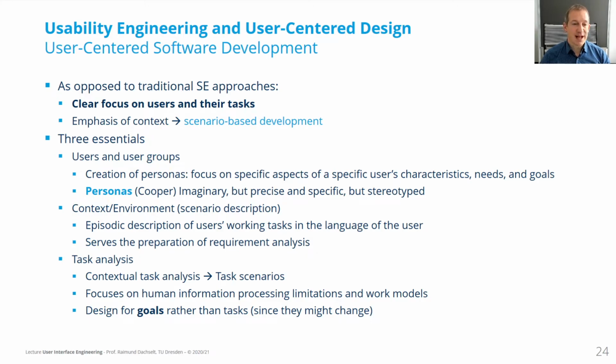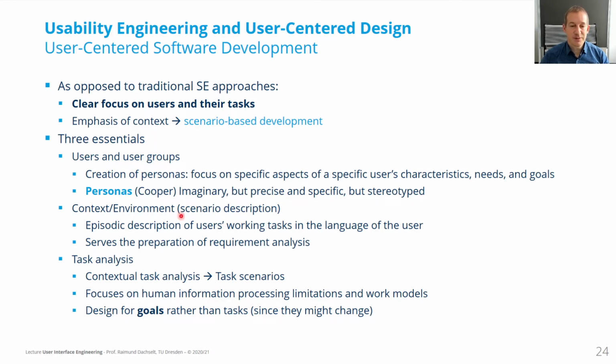So users can, for example, be described with the help of personas. We talked about this concept, about these imaginary but precise and specific stereotypes. The context can, of course, be described, for example, with artifact analysis, and it serves the preparation of the requirements analysis phase. And it can be an episodic description of users' working tasks in the language of the user, for example, and these are the typical scenarios we know.